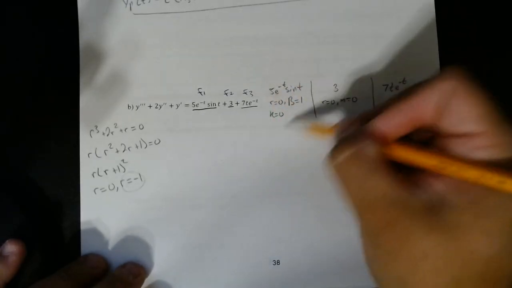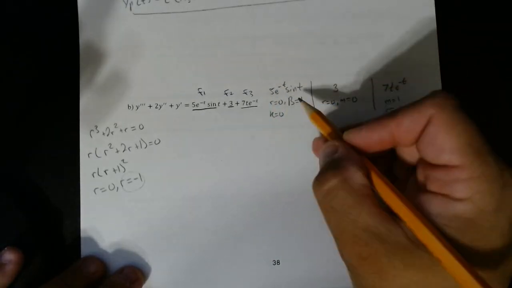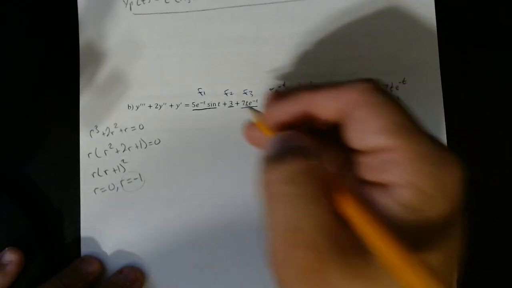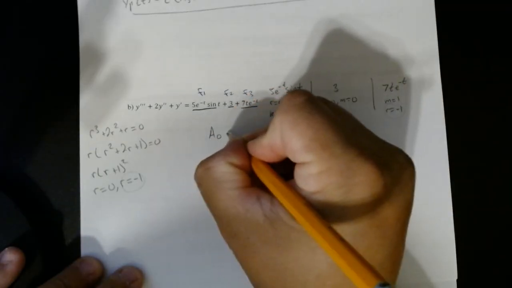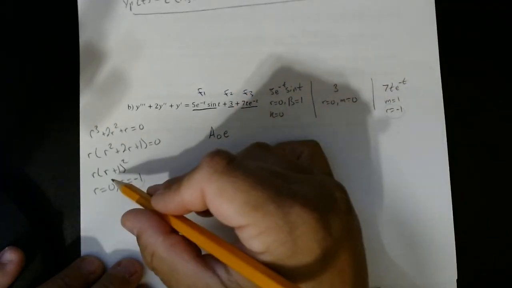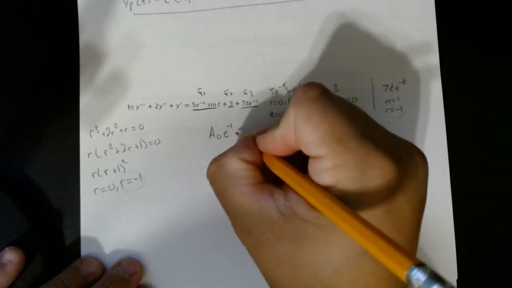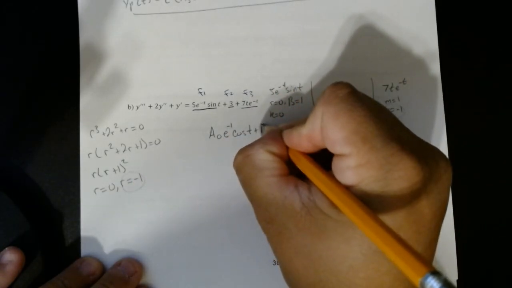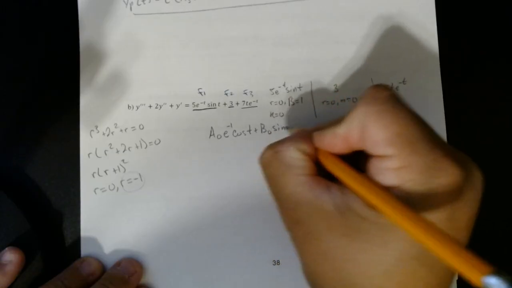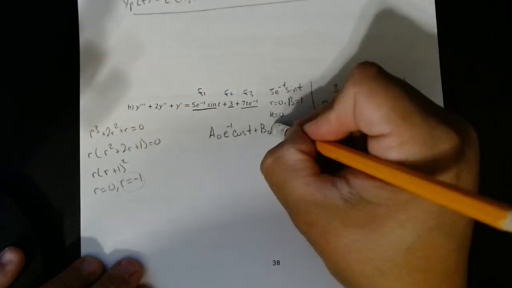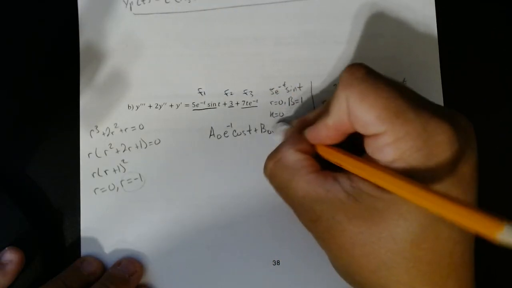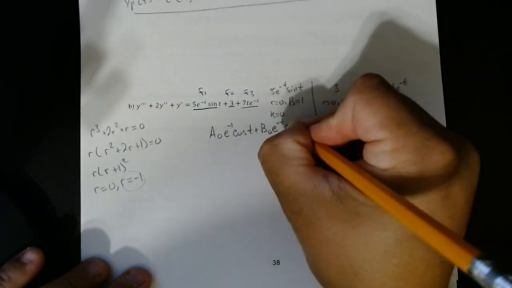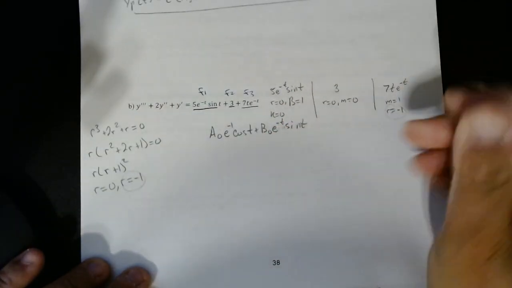So we'll just start here. All right, so we don't have any imaginaries, so it's just going to be a naught e to the negative 1 power. Okay.